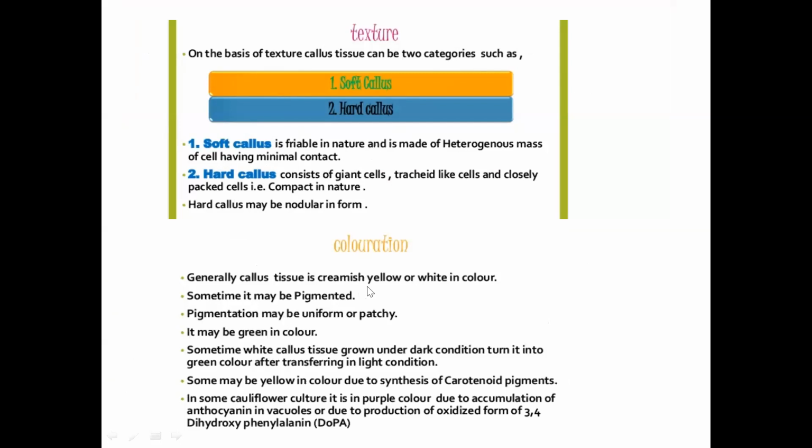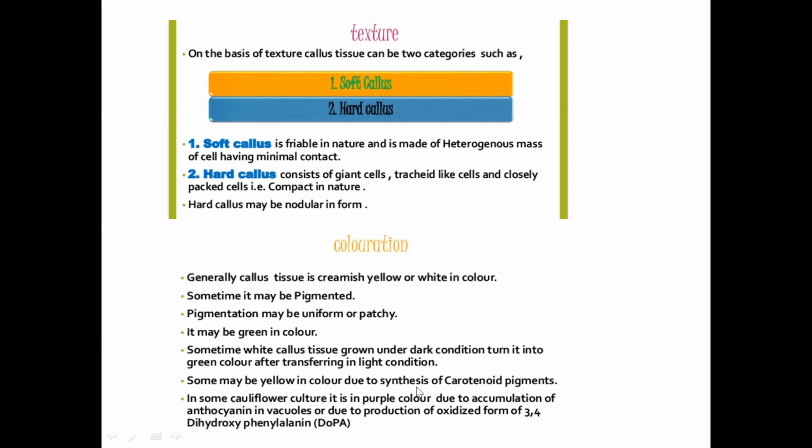Coloration is normally creamish yellow or white. Sometimes depending on the media constituents, it can be pigmented. It might get some amount of green coloration. White callus tissue grown under dark condition can turn green when you transfer it to light condition.